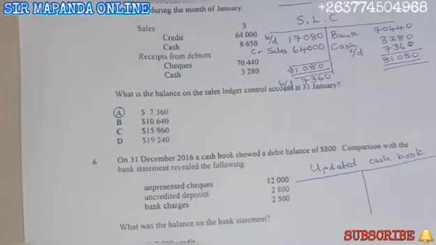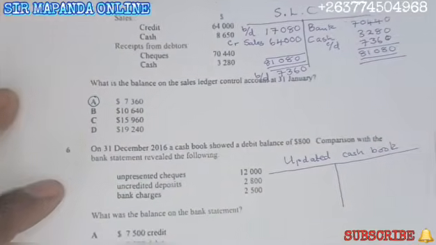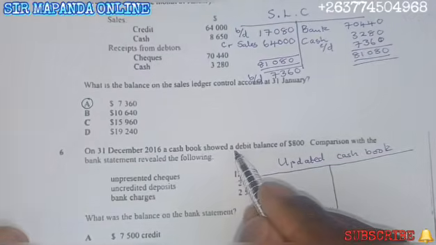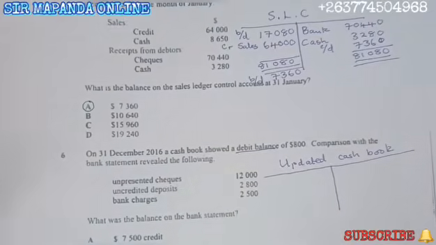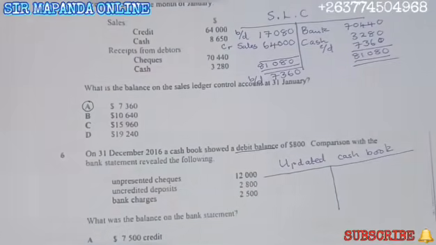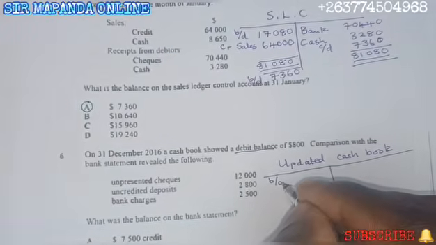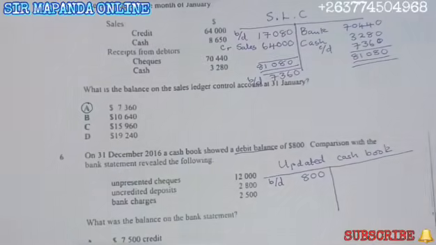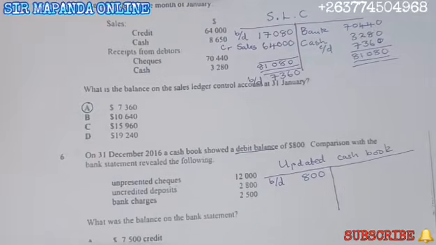The updated cash book is going to start with the balance BD. According to the question, the balance BD in the cash book is a debit balance of 800. Sometimes it can be a credit balance, so you have to read carefully before you rush. I'm going to put balance BD on the debit side, then you write 800. Then of the information given, only bank charges are posted in the updated cash book.